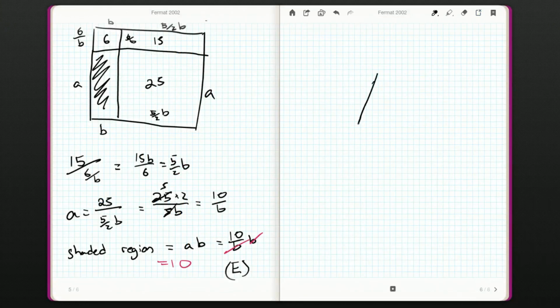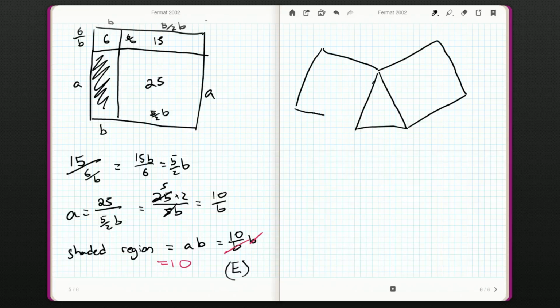We'll move it down a little bit. Alright, so we know that these are squares, so we can add in right angles here.